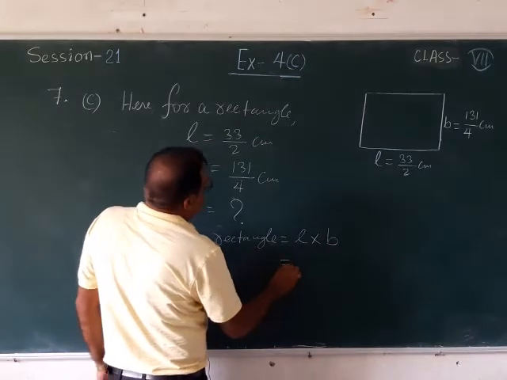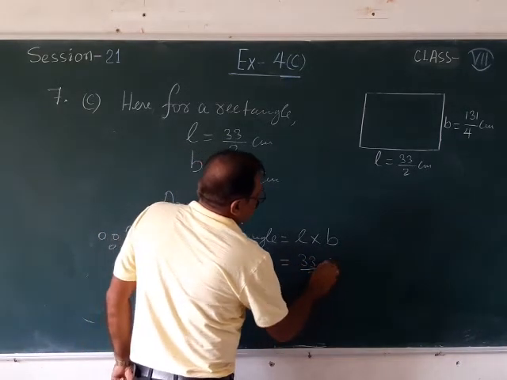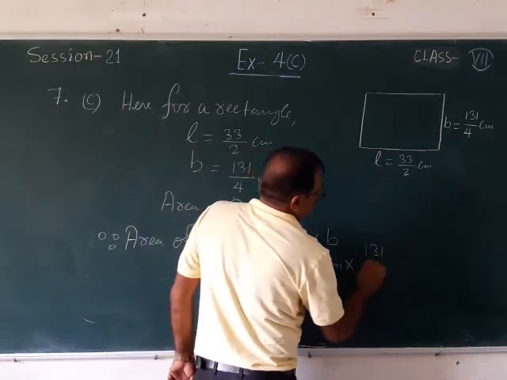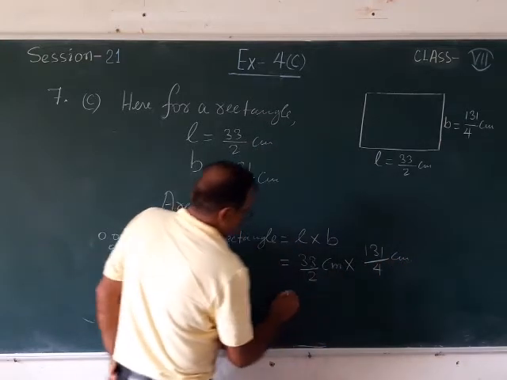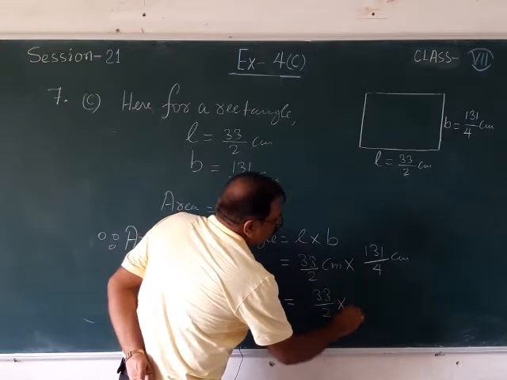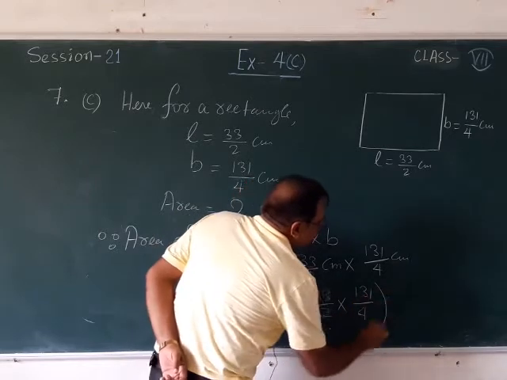Now you are having length, that is 33 upon 2 centimeter, and breadth you are having 131 upon 4 centimeter. So you need to multiply both the numbers like that. 33 upon 2 into 131 upon 4. You keep it in a bracket.